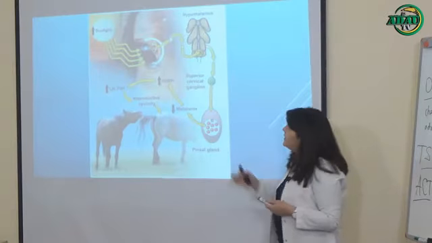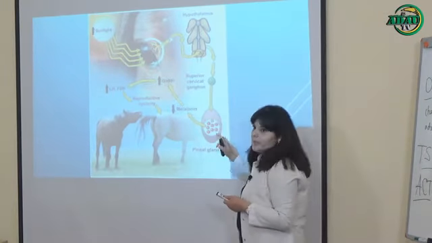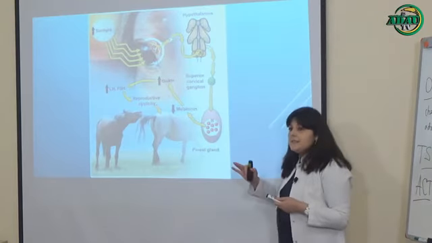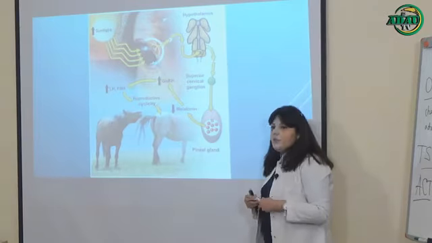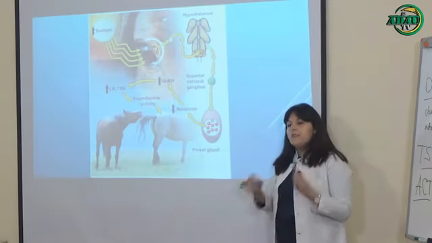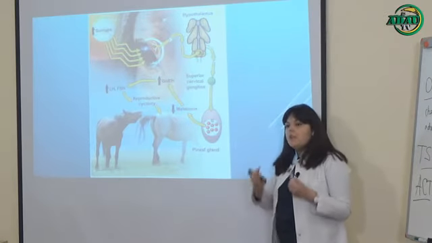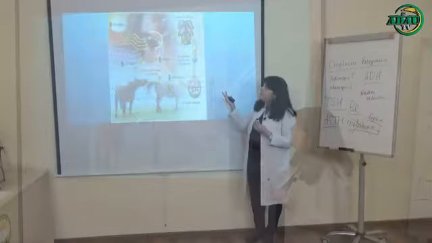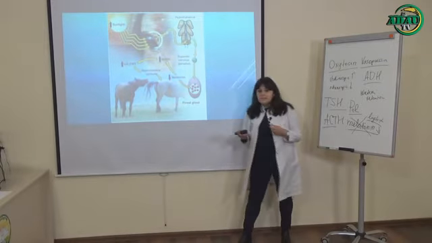Here you can see a very interesting illustration showing how light affects the brain and how light affects the function of the endocrine system. You may have a question: how can melatonin be sensitive to the light? Remember that it goes through the retina, through the eyes. In the retina we have lots of photoreceptors which are sensitive to the light.